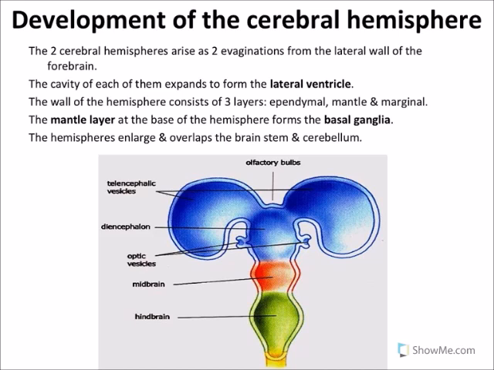The development of the cerebral hemispheres is very easy now to know how it is developed.